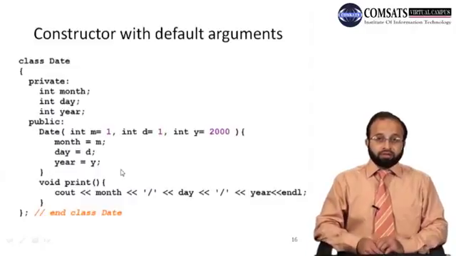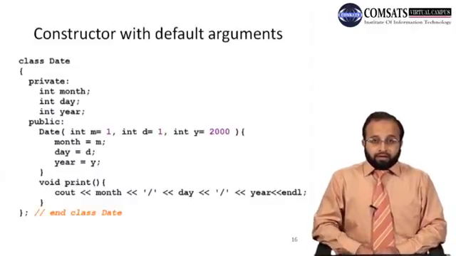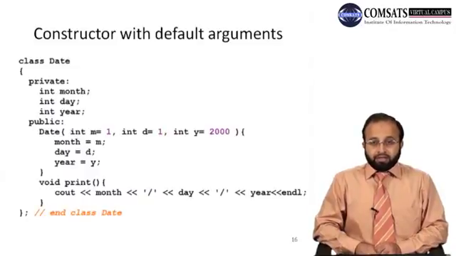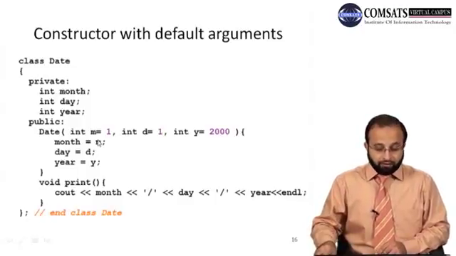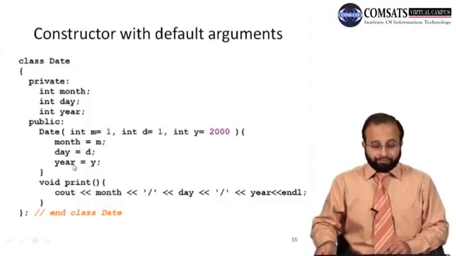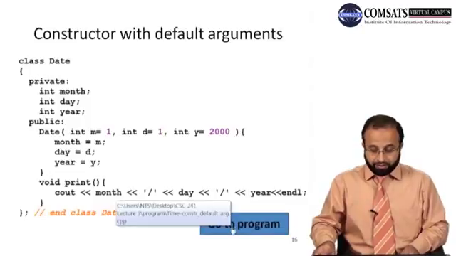And if you create an object of date like date space d2 and then parentheses, and within the parentheses you specify 3 values, then these 3 values will be assigned to m, d and y, and that will be then further assigned to month, day and year, right? So let's go and see the program.